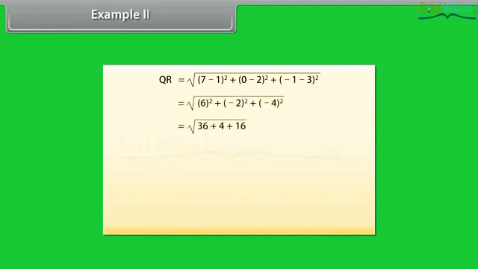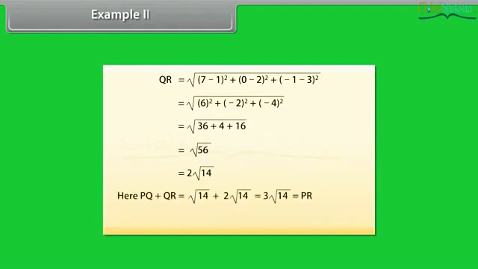After calculating QR, we get 2 into square root of 14. Here, PQ plus QR is equal to square root 14 plus 2 into square root 14, which is equal to 3 into square root 14, equal to PR. Hence, the points are collinear.